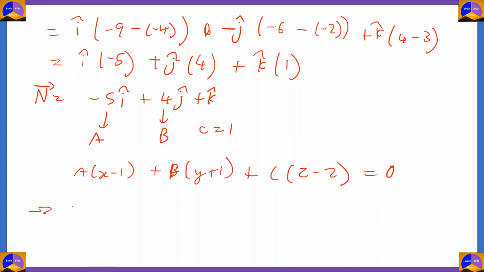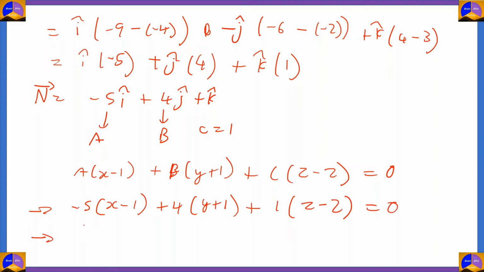So it'll be minus 5 into x minus 1 plus 4 into y plus 1 plus 1 into z minus 2, and that will be equal to 0. On multiplying, we'll get minus 5x plus 5 plus 4y minus 4 plus 4 and plus z minus 2 equals 0.